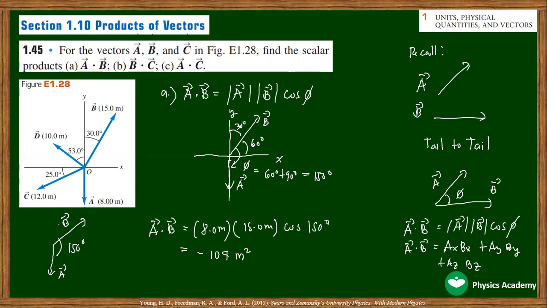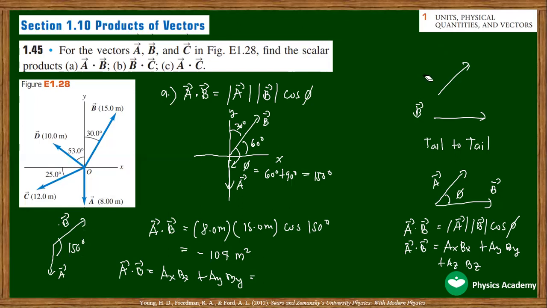If you want to use the other definition, A dot B is equal to AxBx plus AyBy.